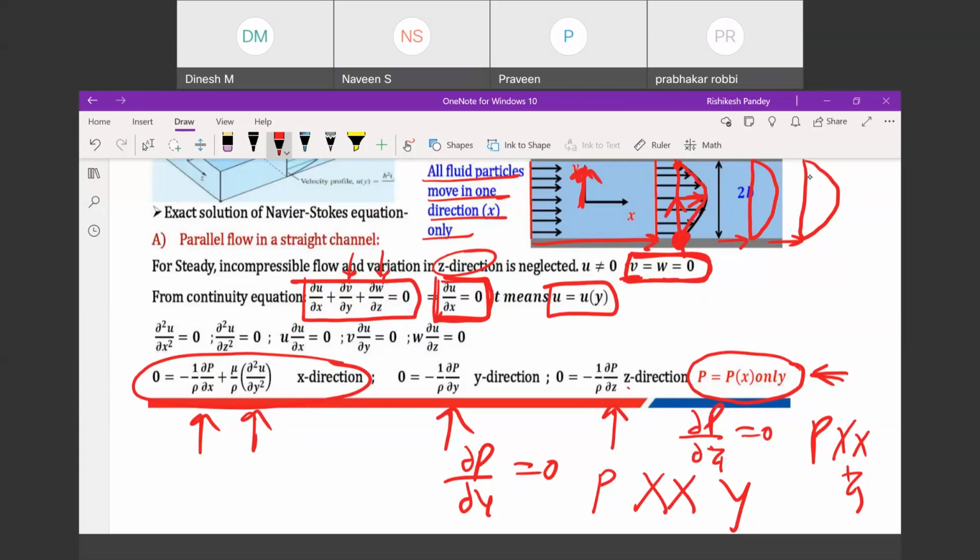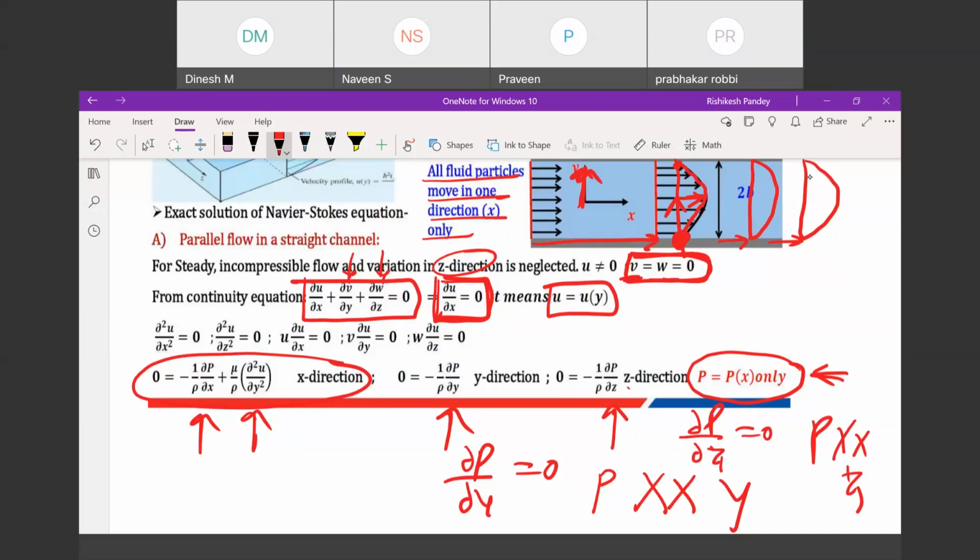They can give it as an objective: flow in a channel, Hagen-Poiseuille flow, or Couette flow, the pressure varies in x direction only, in all three directions, or pressure is constant, or pressure is 0. They asked this as a 1 mark question in the GATE exam.